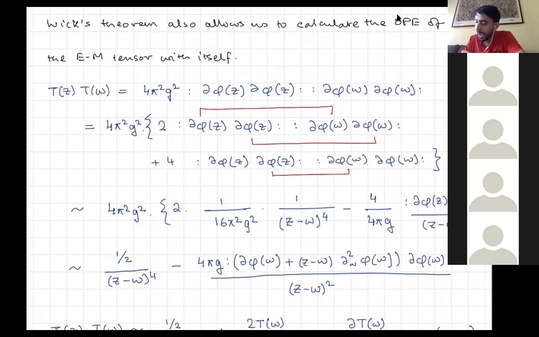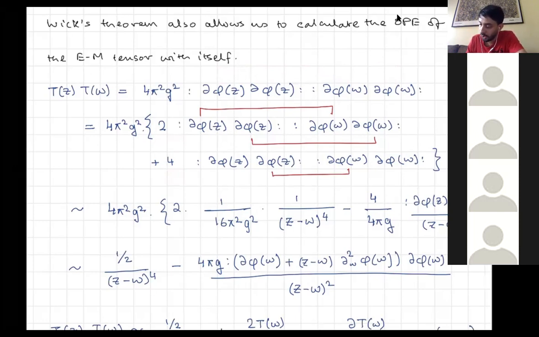And you can have 4 single ones as well. Either this goes with this one, that's one; this goes with that, that's another; this goes with this, that's one; or this goes with that. So there are 4 single contractions as well. So this is a factor of 2, this is a factor of 4. And now you need to put these back in, right?